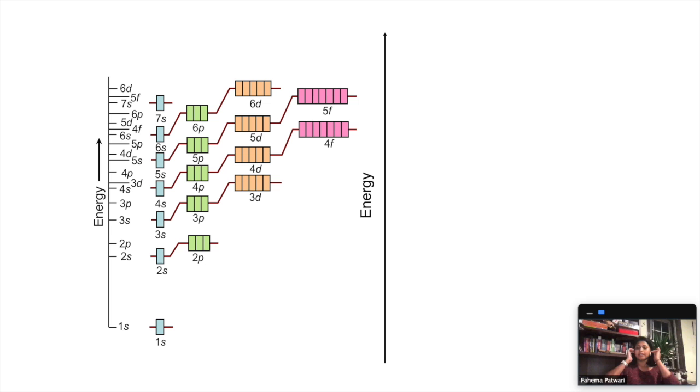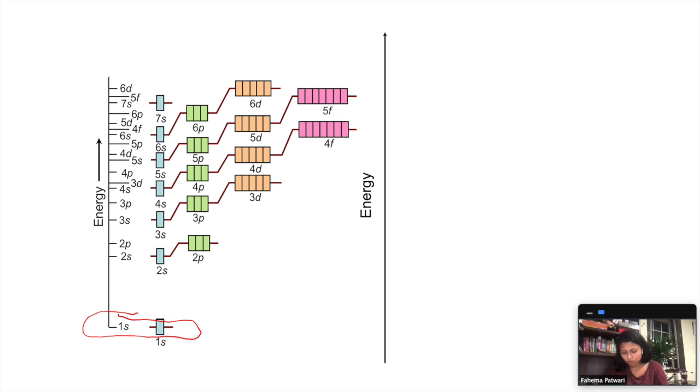Okay, so this is your orbitals laid out with energy as the y-axis, meaning as you climb up, the further up you get, the more energy that sublevel, that orbital has. So we can see right away that energy level 1 is the lowest energy, and it only has one sublevel in it.